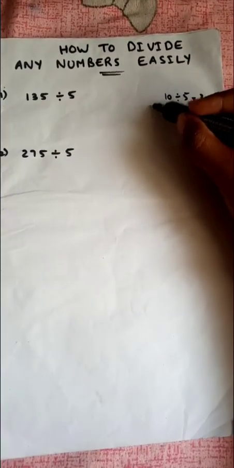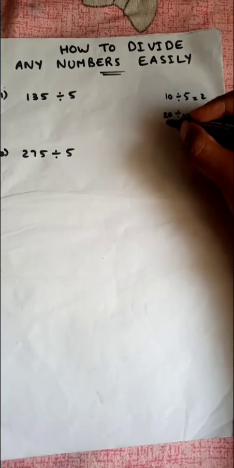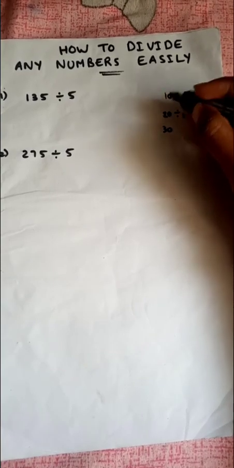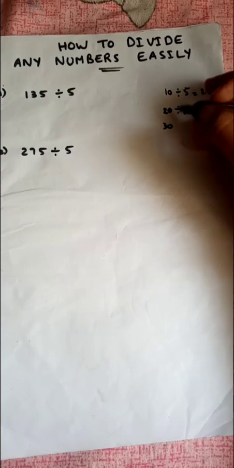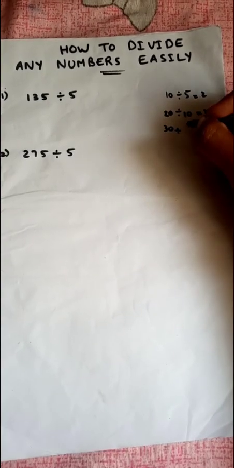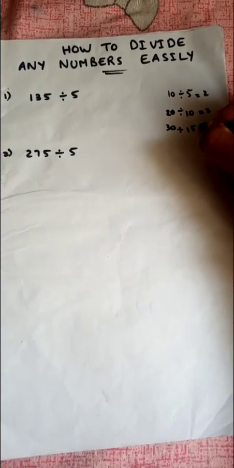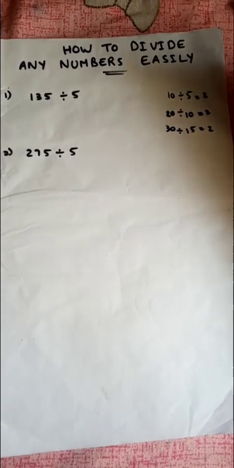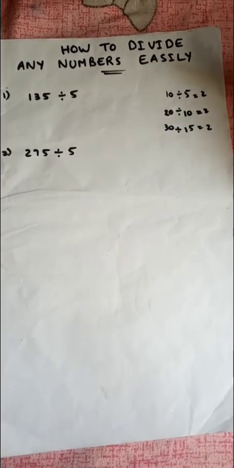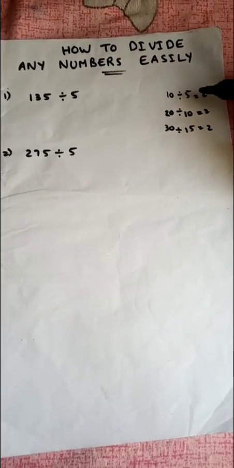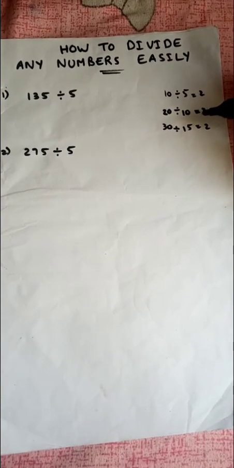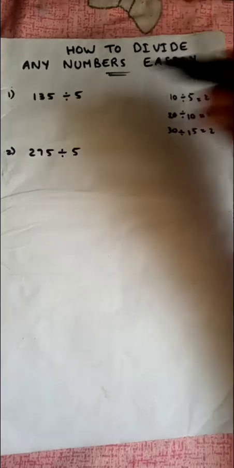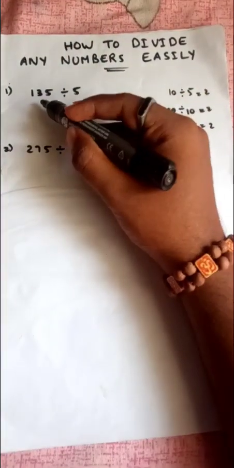Or if both numbers are multiplied by 3, 10 into 3 is 30 and 5 into 3 is 15, then also we get the same answer. So if both numbers are multiplied by the same number, the answer will be the same, like in this case. So for 135, we can just multiply these numbers.